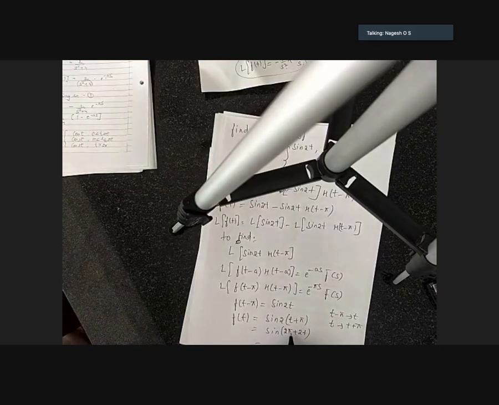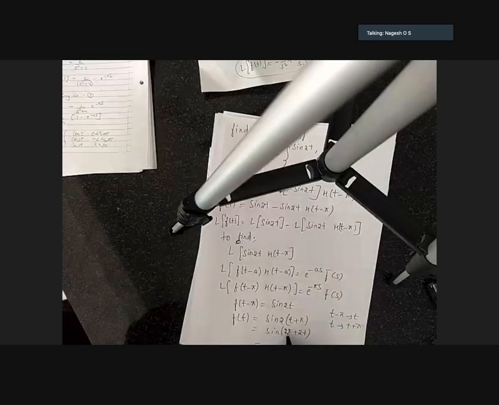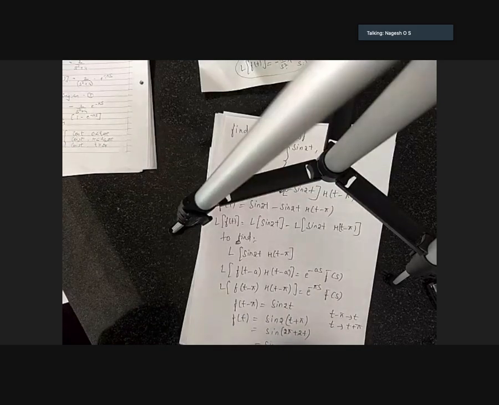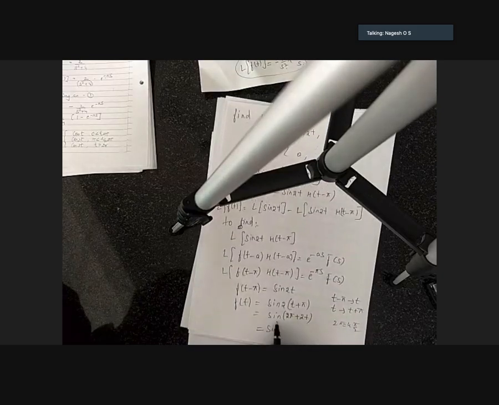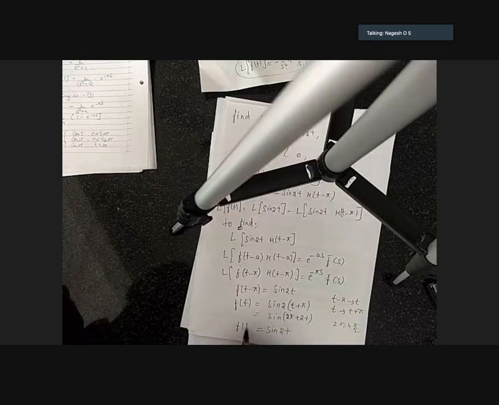Sin 2 pi plus 2t. 2 pi means 360 degrees. Pi is 180, 180 into 2, 360. 360 plus means first quadrant. Sign is positive. Then it is an odd or even multiple of pi by 2. 2 into pi is equal to 4 into pi by 2. So even multiple means sign will remain the same. So positive sin 2t. F of t is sin 2t.